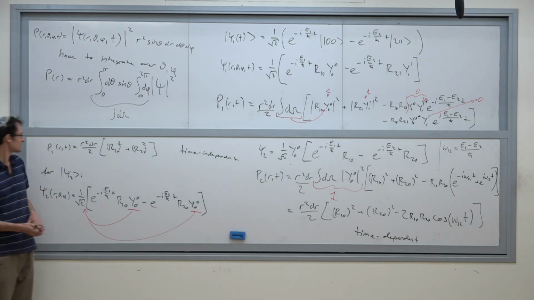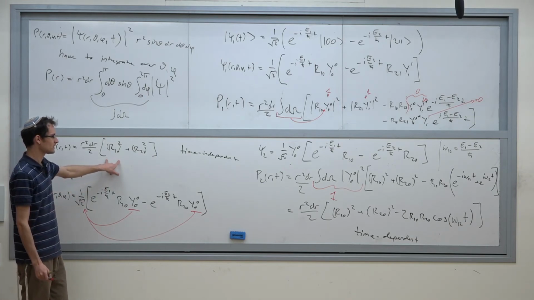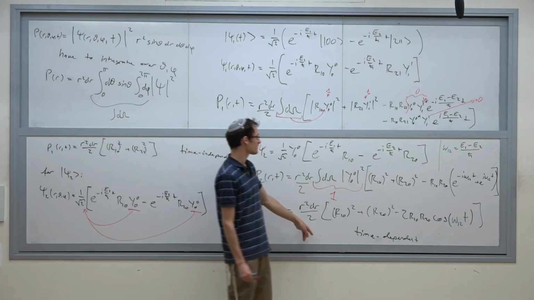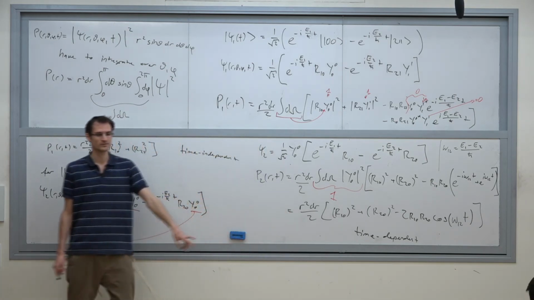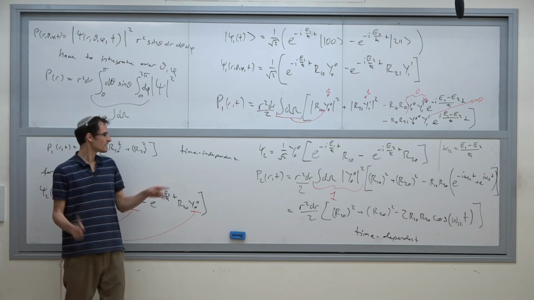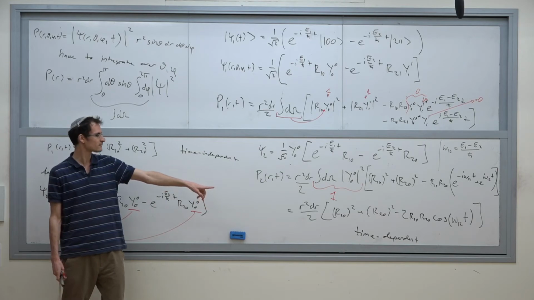Why did we once get a solution that's independent of time and once a solution that is dependent on time? Remember, both our initial functions were superpositions of two atomic states. So what was so different between these two that looked so similar, that one is time independent, one is time dependent? Angular momentum. Very good, angular momentum.